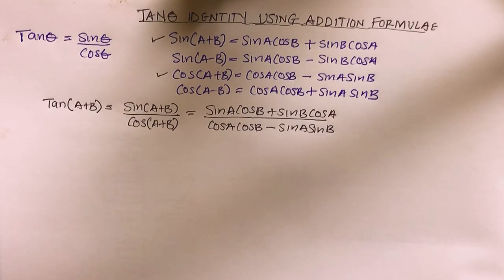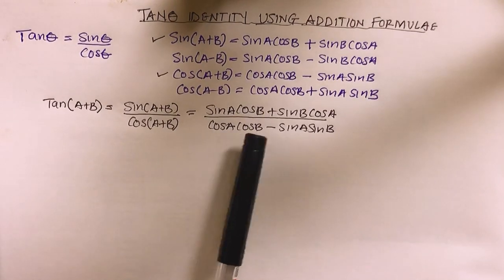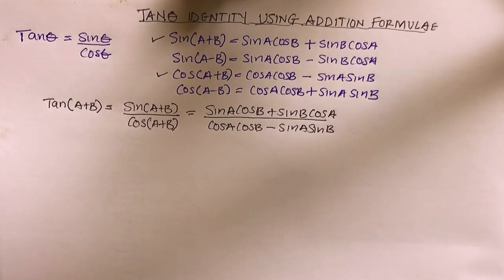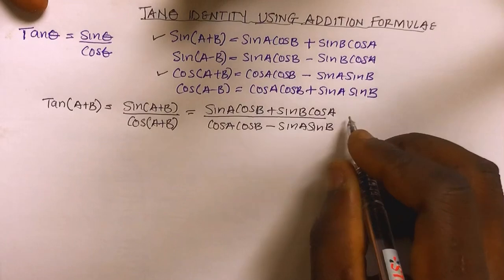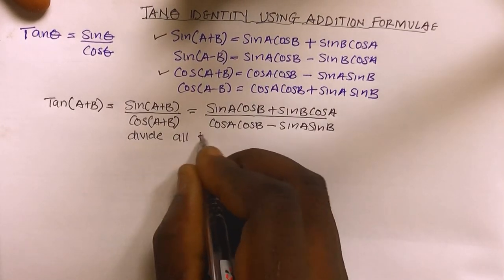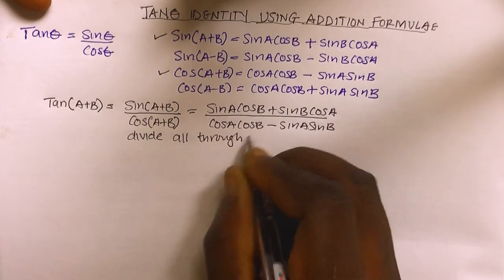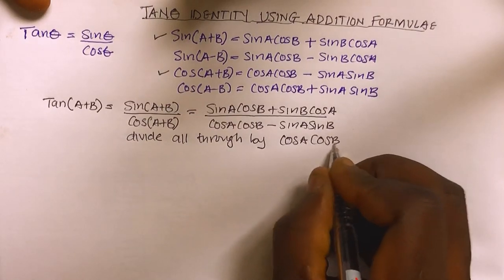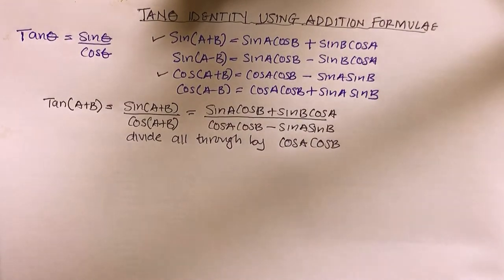Looking at this case, since I'm having cos A here and cos B here, I can choose to divide all through by cos A cos B. Let's see what we are going to have.